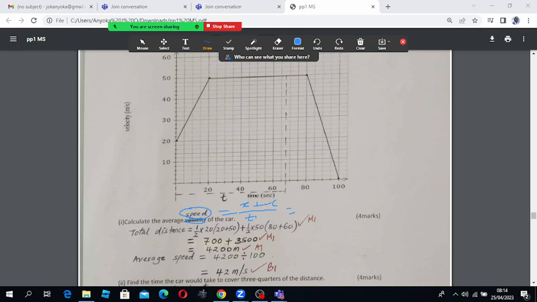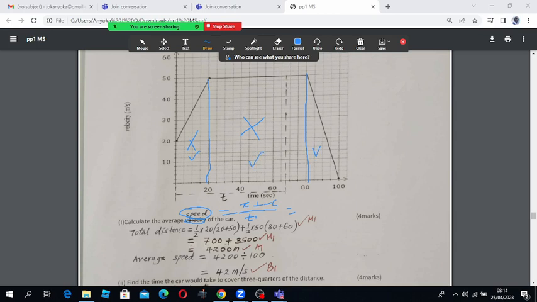So it is the area of this trapezium plus the area of this rectangle. There's a rectangle here. So we partition this graph into sections that we can understand: trapezium, rectangle, and the triangle.